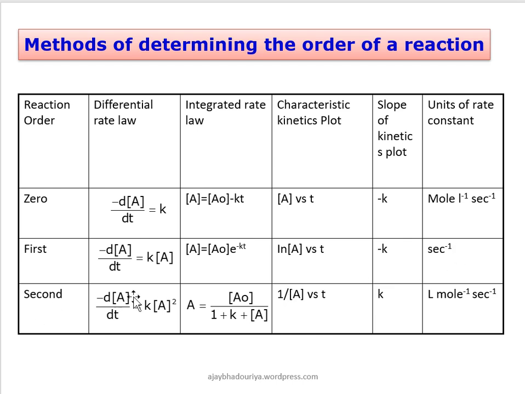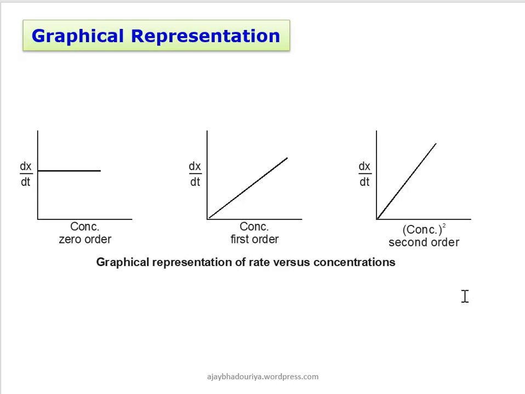For the second order reaction, the rate depends upon A raised to the power of 2. So this is the second order reaction, and we plot a graph of 1 by A versus t. Unit will be mole minus 1 liter second inverse.